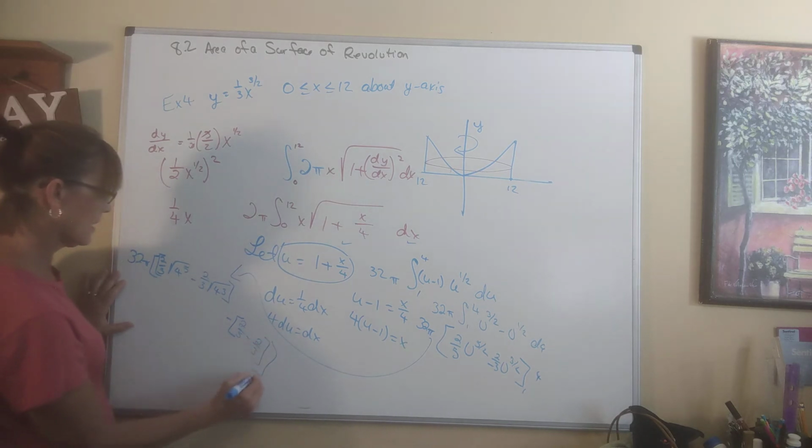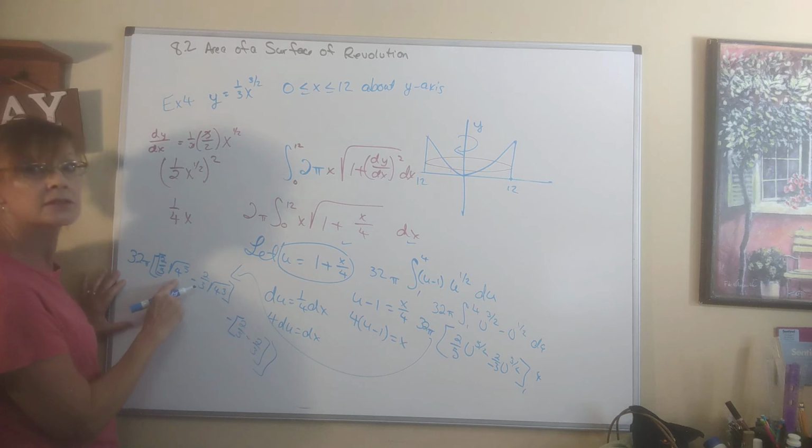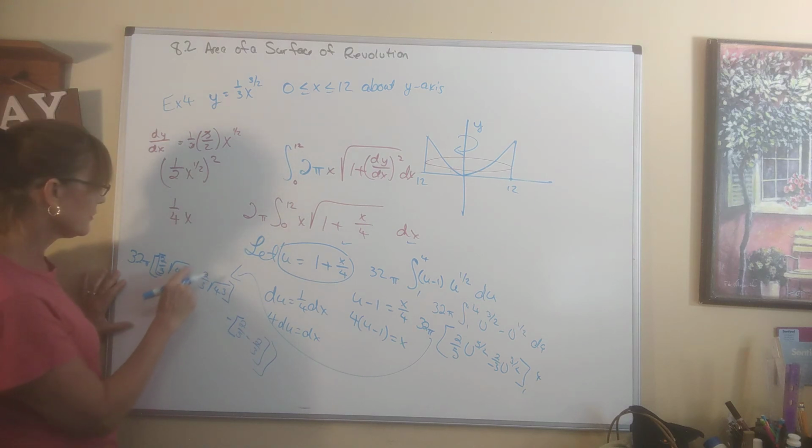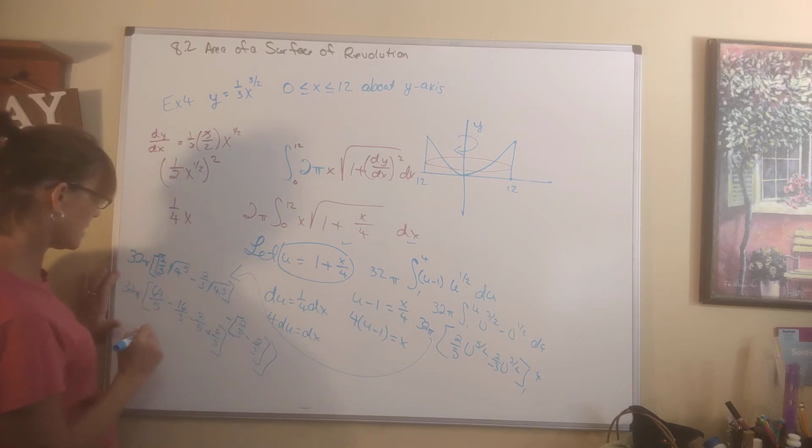All right, all of this. Square root of 4 is 2, and 2 to the 5th is 32. 32 times 2/5 is 64 over 5, minus, square root of 4 is 2, 2 cubed is 8. 8 times 2/3 is 16 over 3, minus 2/5 plus 2/3, times 32 pi.